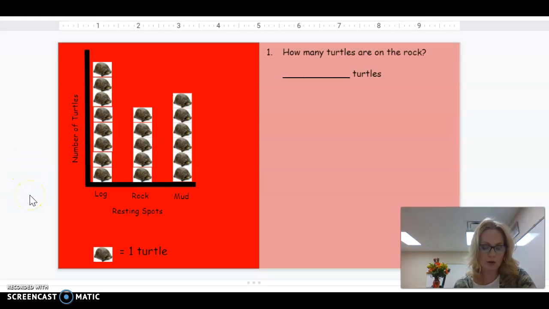This is how a pictograph looks when it is filled in with our data or information. Look carefully where it has a picture of a turtle and then it says equal to 1 turtle. That means that each turtle picture represents 1 turtle. See how many pictures of turtles there are on the log.